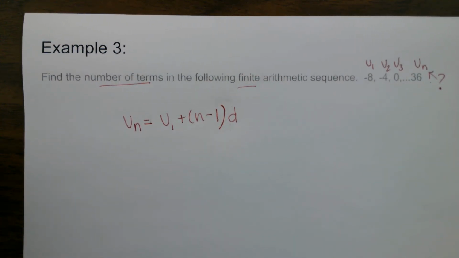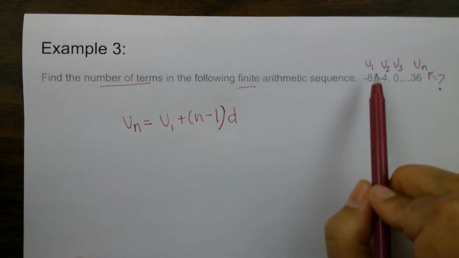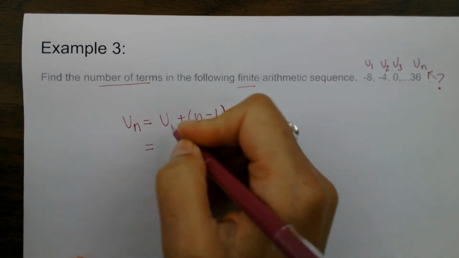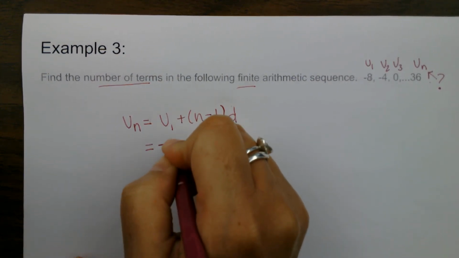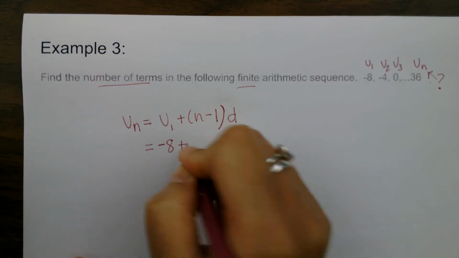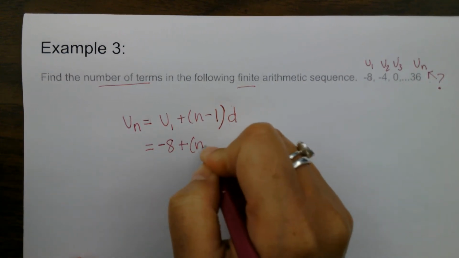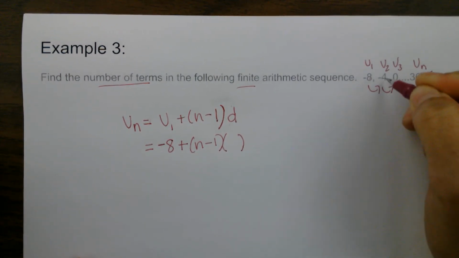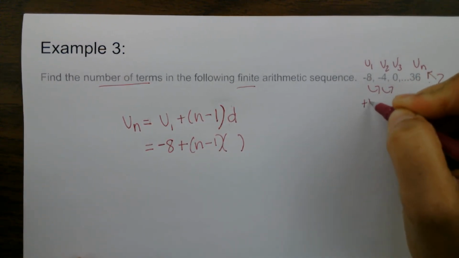So let's substitute in what we have, okay? I definitely know we have the first term, so I'm going to put my equal sign down. All right, negative 8 plus, okay, we don't know the n, minus 1. Do we have a common difference? You know what? We can find one, so let's find a common difference. Our common difference is going to be plus 4.